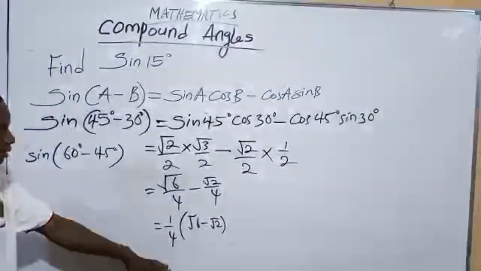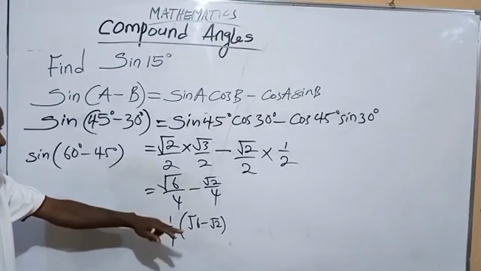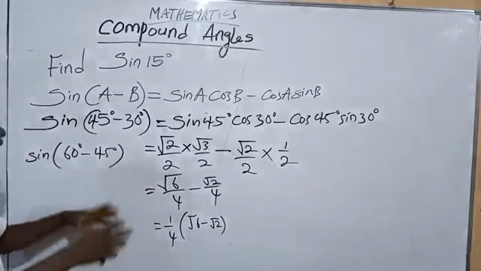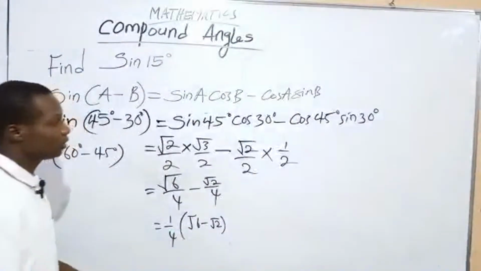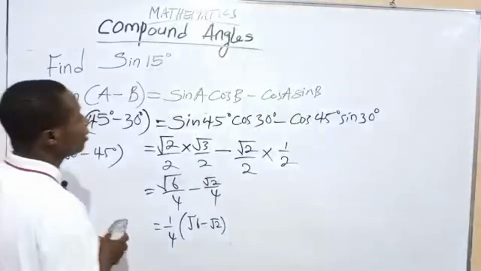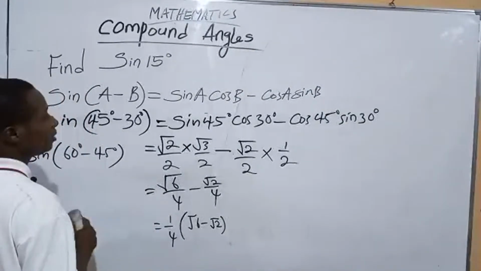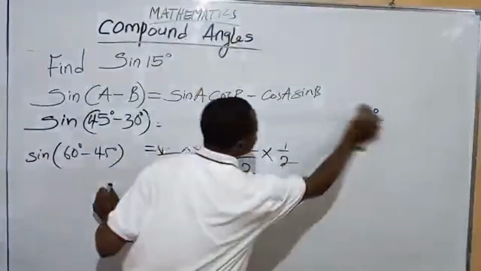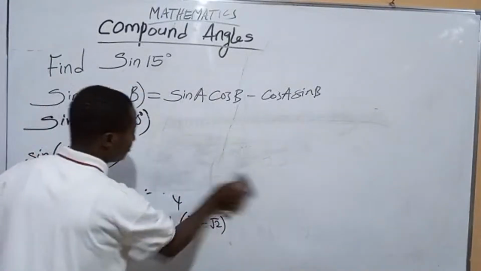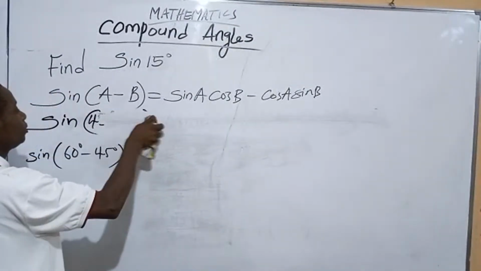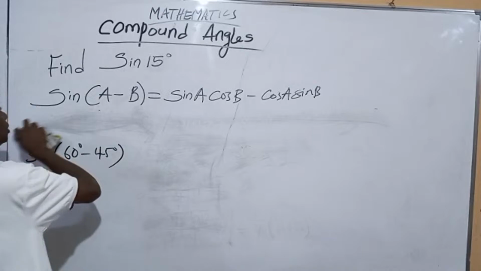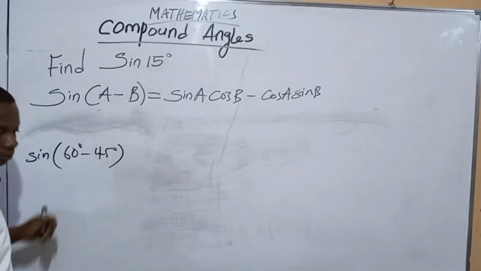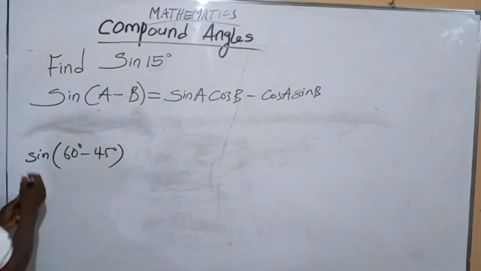This is what we are going to get, definitely. Right? If we don't get it, then it means that something is wrong, right? And we must get it because this is what it's going to give us. So let's do it together for better speed and processing. So let's proceed and see what we are going to do. So we are going to use this method now, this one here. So let's quickly do it.